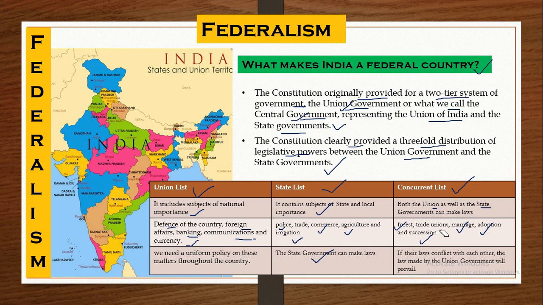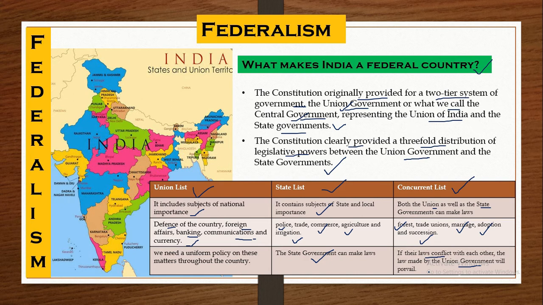It is not the same subject. Just to make it clear for you. Now, if there is any conflict between the central and the state government while making laws, the law made by the union government will prevail over the law made by the state government.